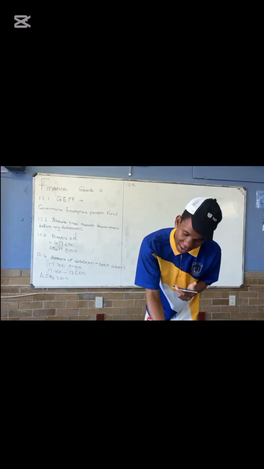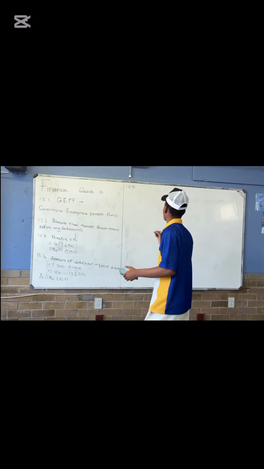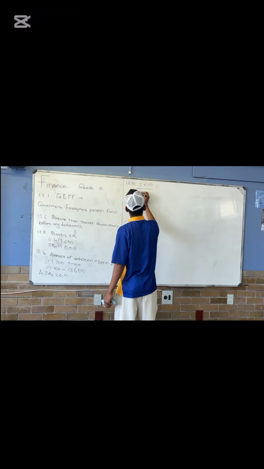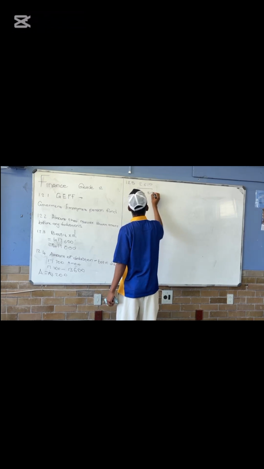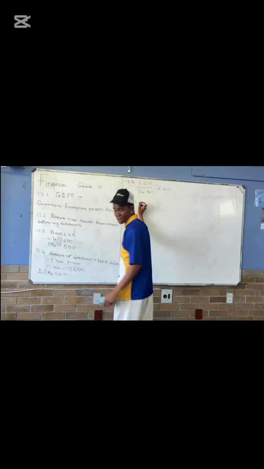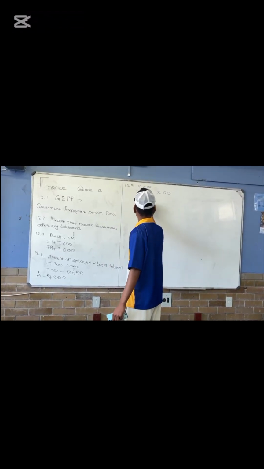So we'll take 2,610 divided by 34,800 times 100, so that we can have the percentage that was required. Then we'll have 7.5%.